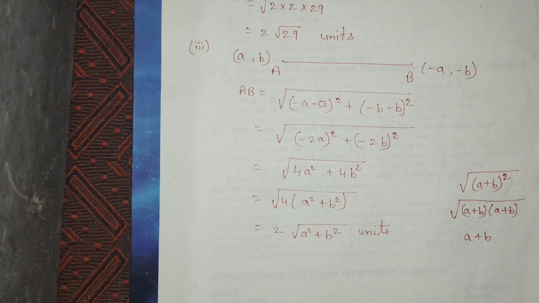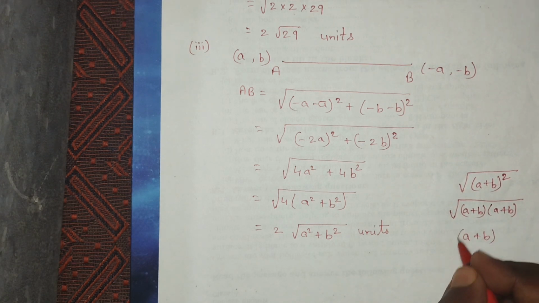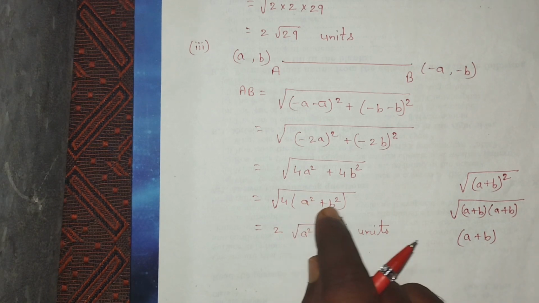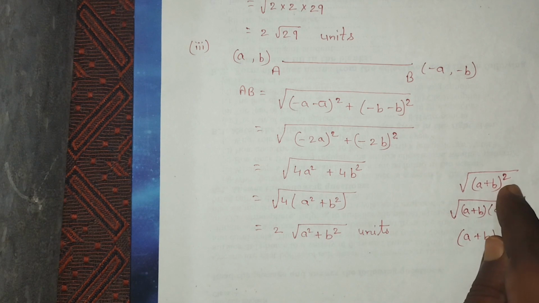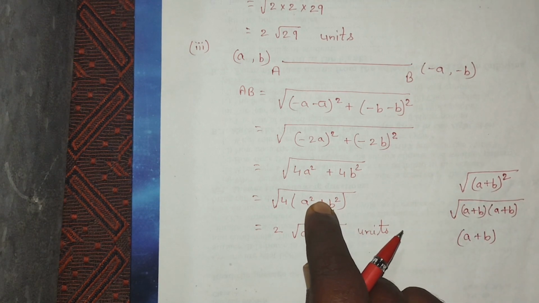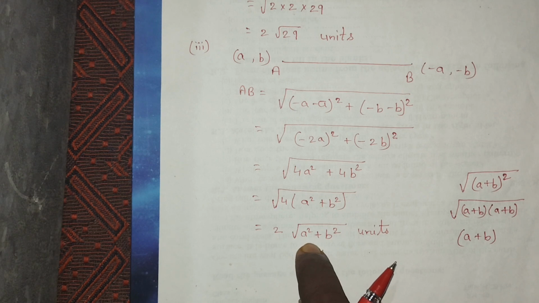You can take out of the root. But if squares are indivisible, squares are not like this, then you cannot take out a plus b. I hope I made it clear.